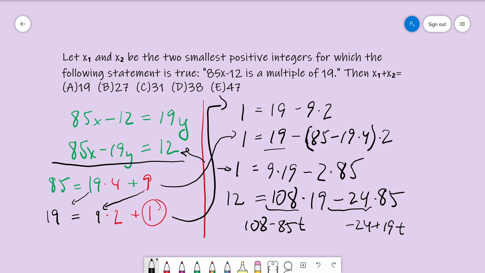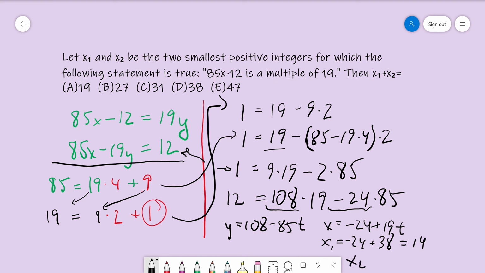Well, if this is all our possible x's, then I think if we add 19, we'll still have a negative number. So we need to add 2 times 19 and 3 times 19 to get the two smallest positive values of x. So let's say x1 is equal to negative 24 plus 19 times 2, which is 38. That's positive 14.